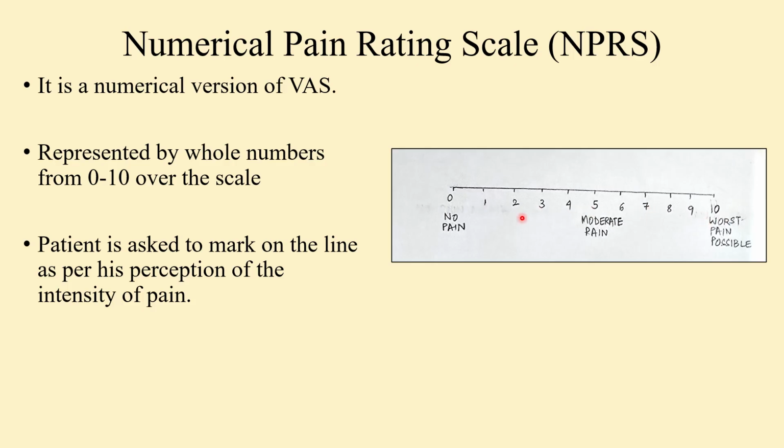So you have 1, 2, 3, 4, 5 till 10 marked, where again the patient is asked to mark the line that indicates their perception of intensity of pain. The higher the score, the greater the pain, similar to VAS, but the difference being, as discussed, that individual numbers are marked in between as well, unlike VAS, which only has 0 to 10.